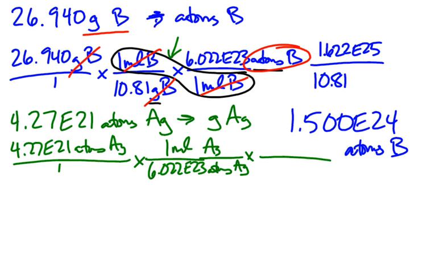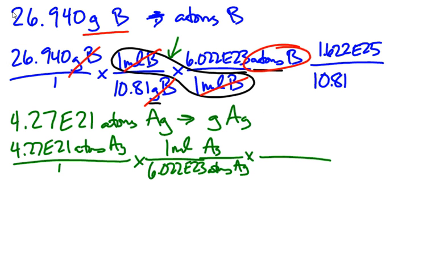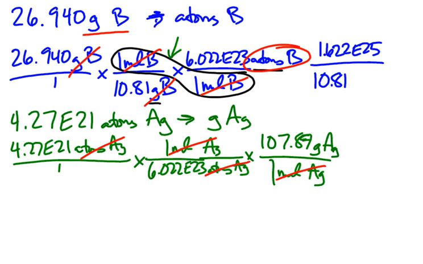And then I'm going to erase this answer right here. 1 mole of silver, so what, 107? 107.87, or 107.89 grams of silver. And this will tell me, okay, if I cancel my units out, moles of silver cancel out, atoms of silver cancel out, I'm left with grams of silver. Okay, I do the calculation.